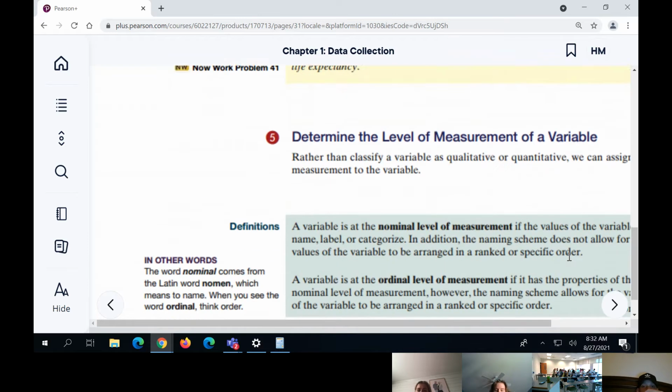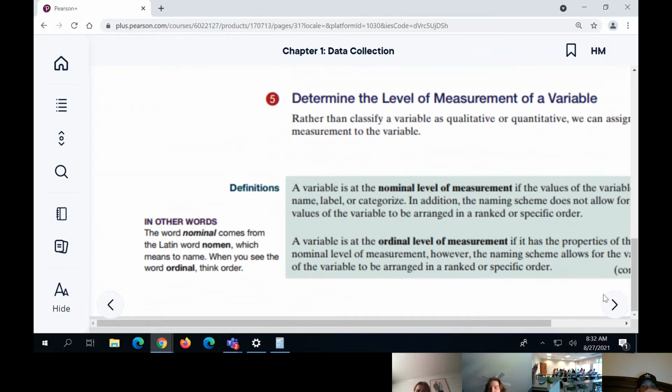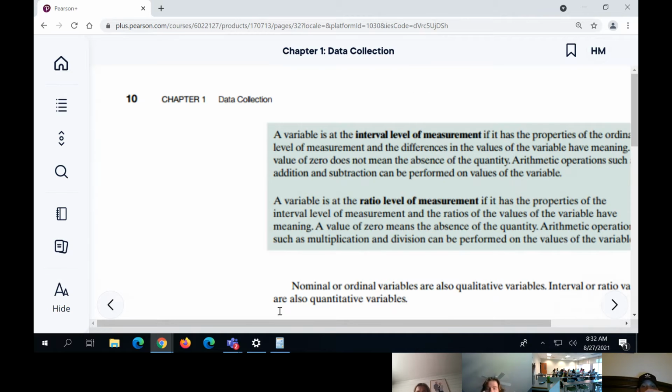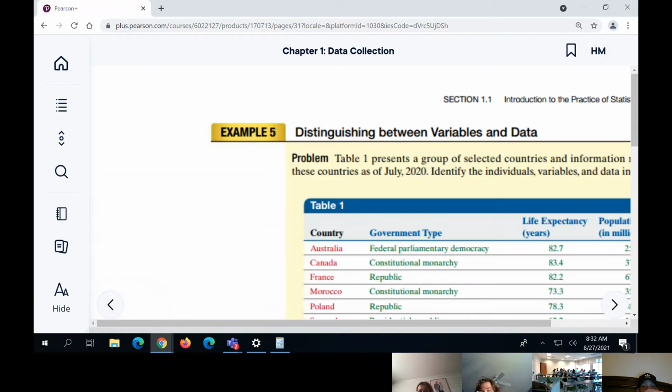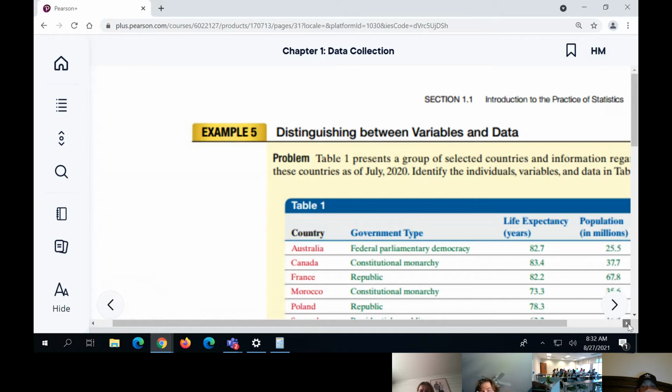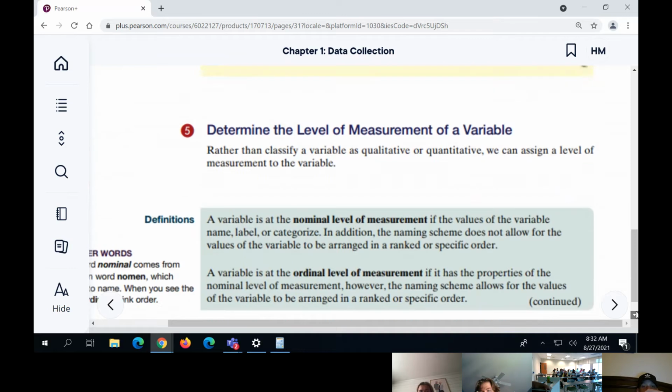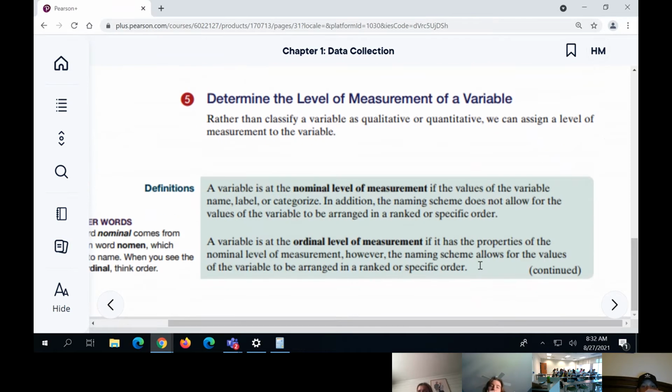Let's see what else. Okay, here's the first example of what I do not usually test you on. I don't usually test you on the different levels of measurement.